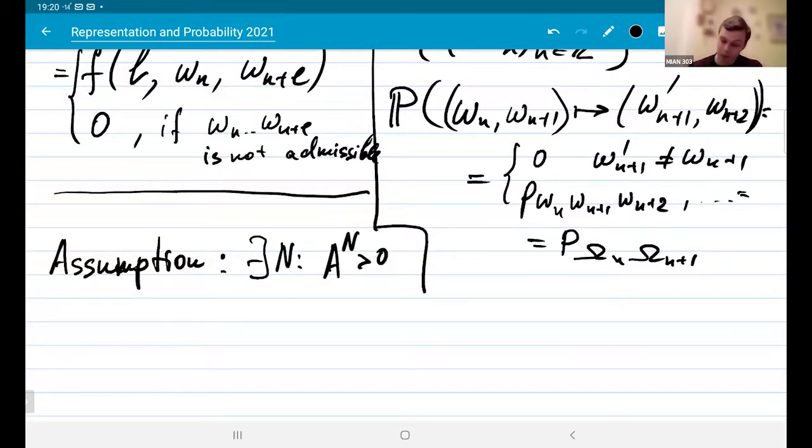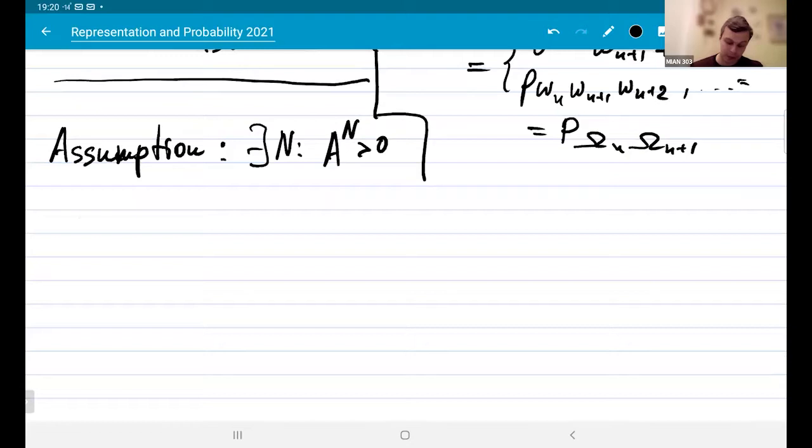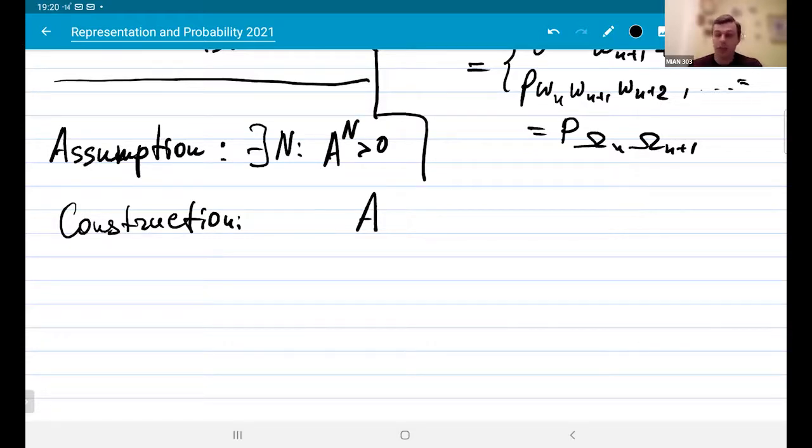In fact, it is the following. Well, we have this matrix A. A is a matrix of non-negative entries. It is the matrix of zeros and ones, but at least all its entries are non-negative.